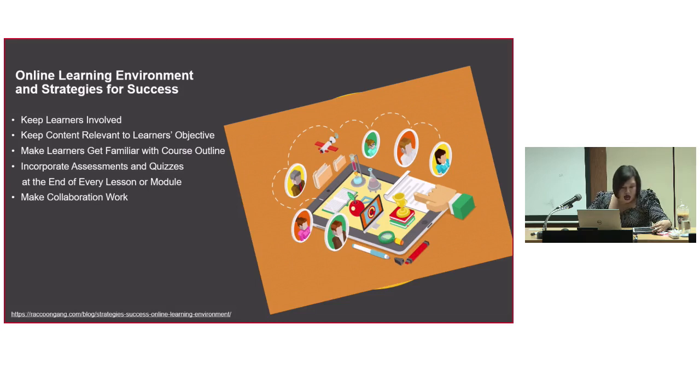When learners are fully familiar with the course outline, they can allocate sufficient time to each part of the syllabus, ensuring a better understanding of the content. When the learner fully understands the course outline, it helps students as well as instructors to follow easily.